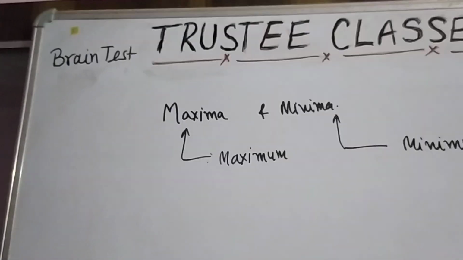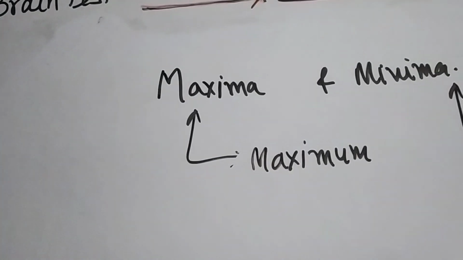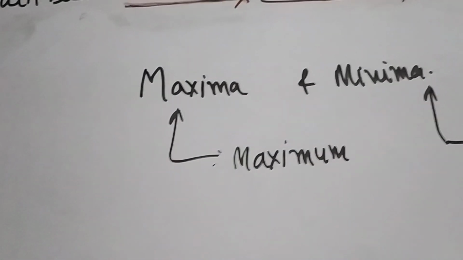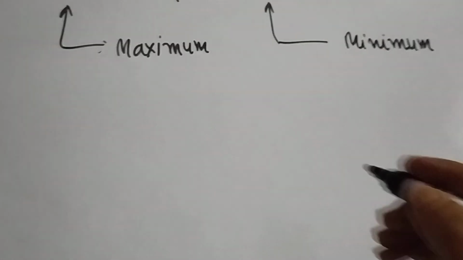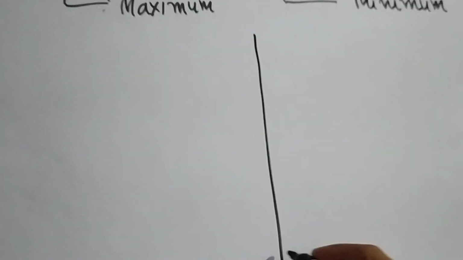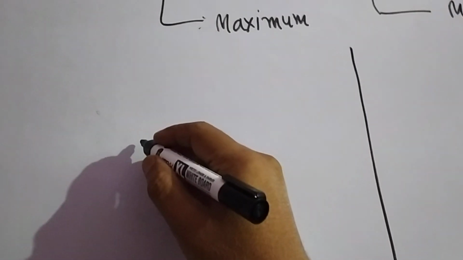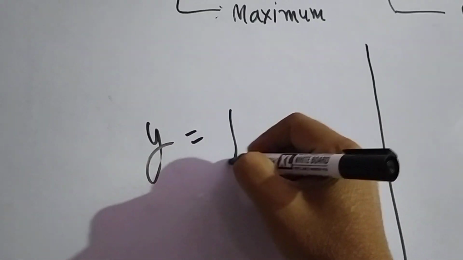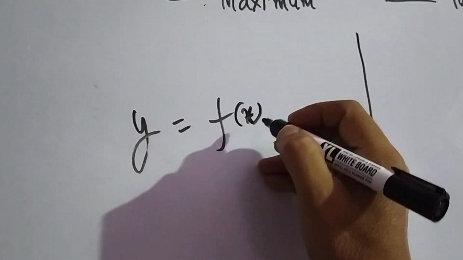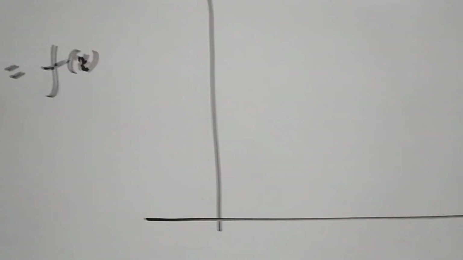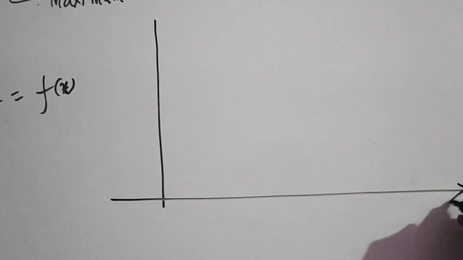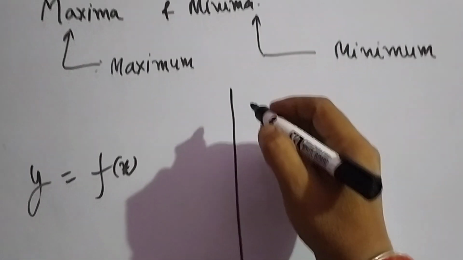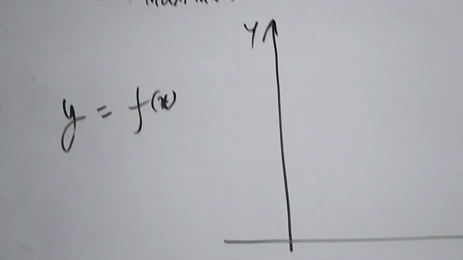So, quantitatively you can say that something is maximum anywhere or something is minimum anywhere. We will discuss about the curve. Suppose any function of x, y equals f(x). This is your x-axis and this is your y-axis.